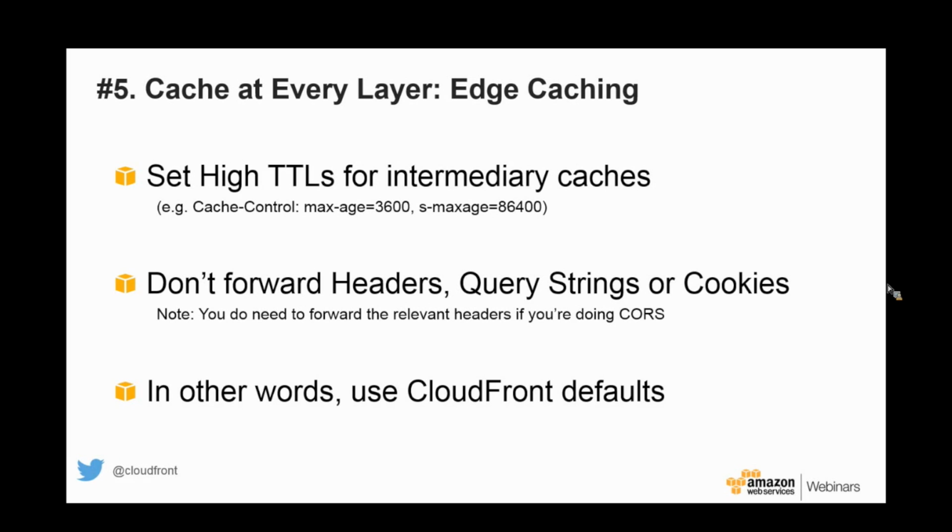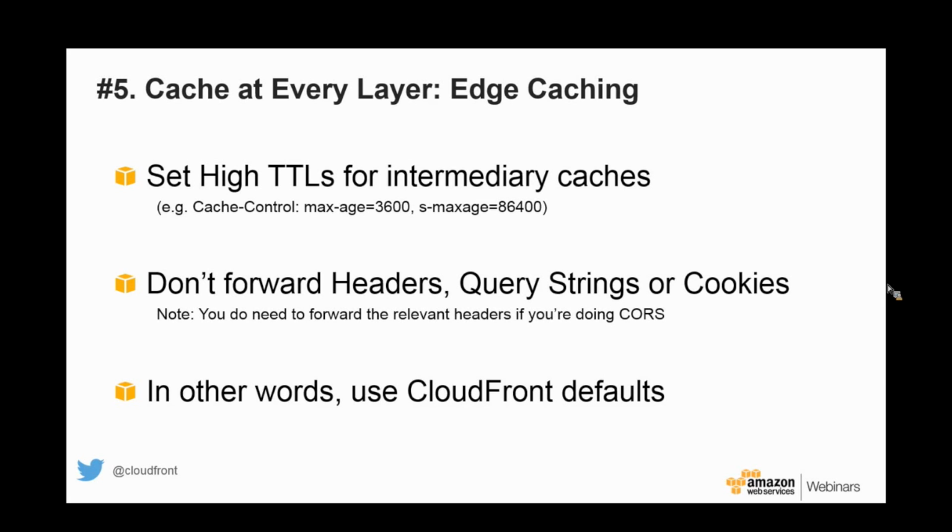The other thing is, from an edge caching perspective, you want to maximize the cache hit rate at the edge so that the edge node has to go as few times as possible back to the origin server to get the latest copy of your content. And one of the ways to do that, in addition to setting a high TTL, is to not forward any headers or query strings or cookies back to your origin server.